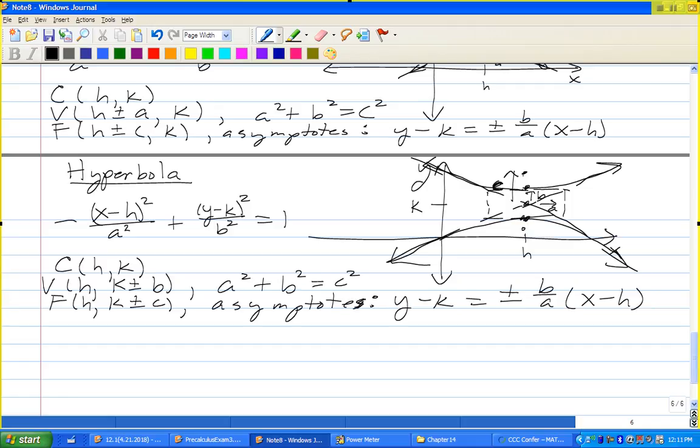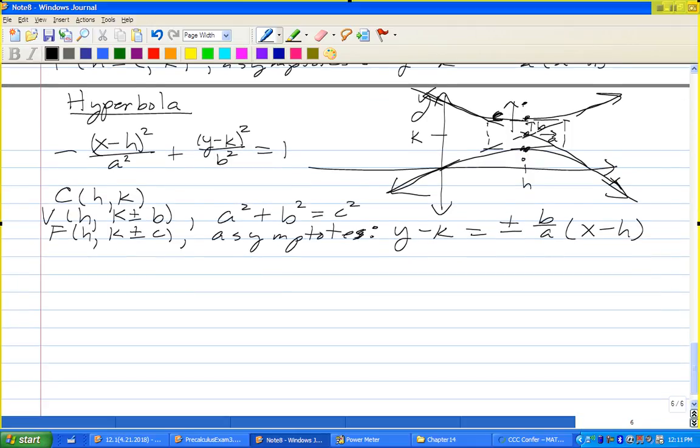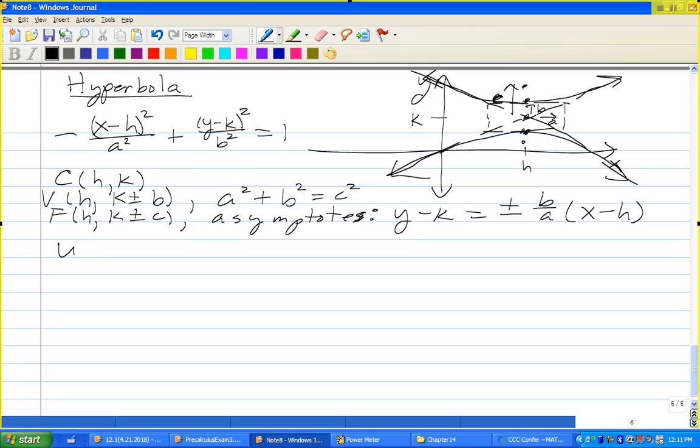Okay, so where would you encounter hyperbolas? Where do you see hyperbolas?